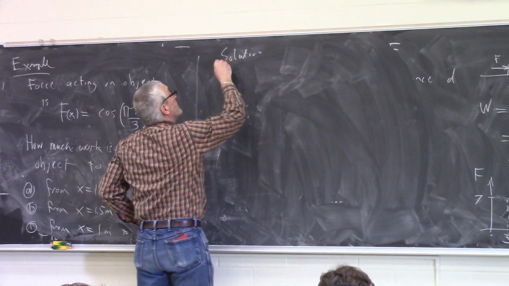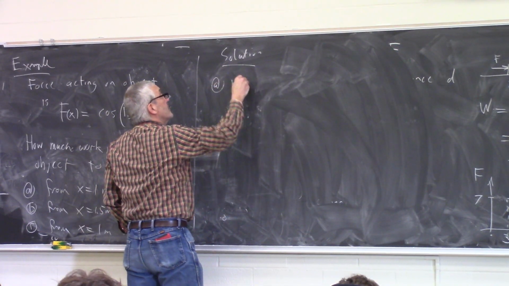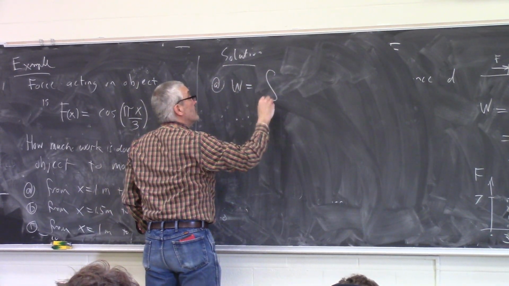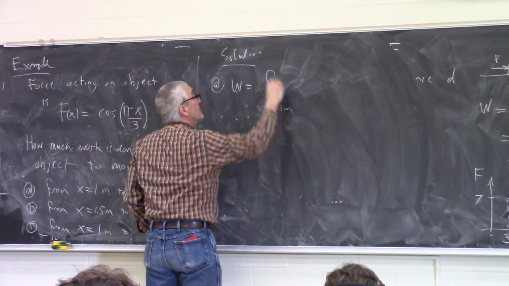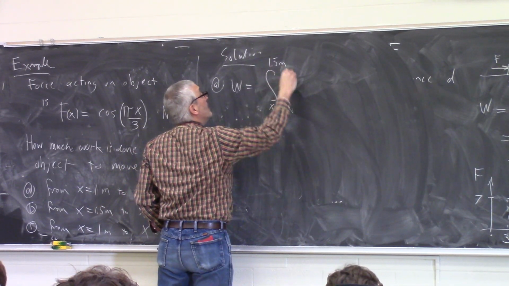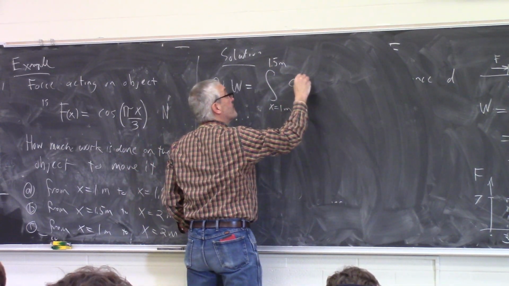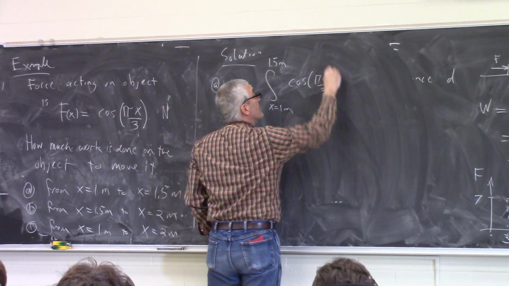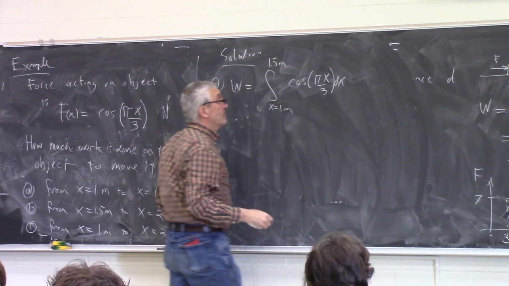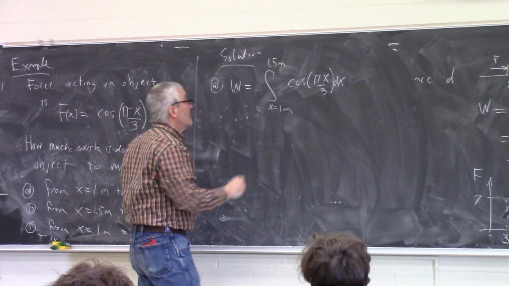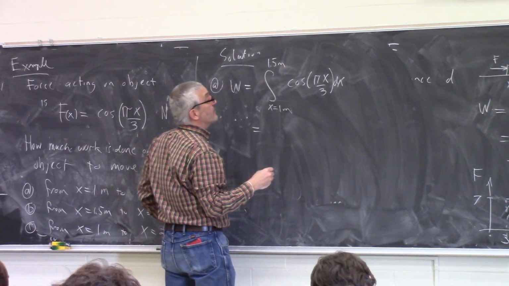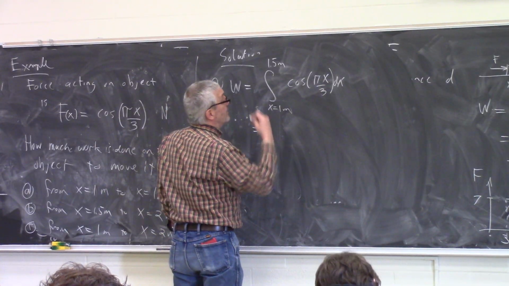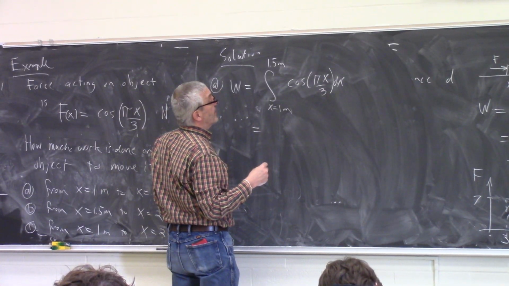Well, for A, we're going to have the work being the integral from x equals 1 meter to 1.5 meter of the force, which is cos pi x over 3. Okay, well that's going to be the integral of cos is sine, but we have to do a substitution because the constant's inside.